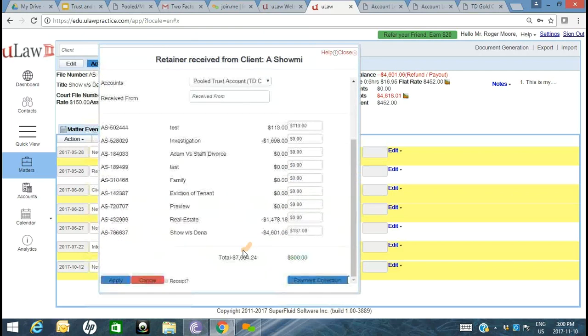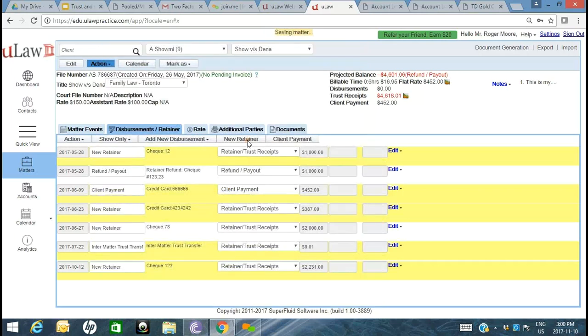So a quick question is, how do you capture a retainer, both as a cash and as a check? I think you're basically asking for partial. I would rather put them as two transactions, if that makes sense. I'll do my retainer. Say new retainer. So let's say the overall retainer was $500, and they gave you a check for $300.